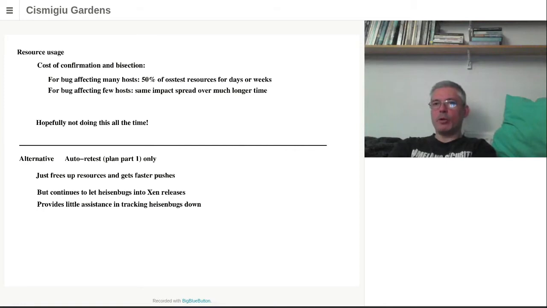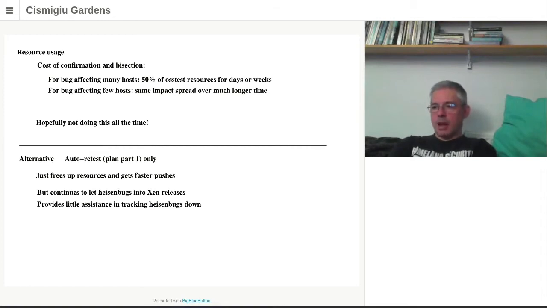But if people are ignoring it, then it seems to me that that's a good use of resources to confirm that this is actually a real bug. If it's a host-specific bug, then it uses much fewer resources, obviously, because it can only test it on those particular hosts.